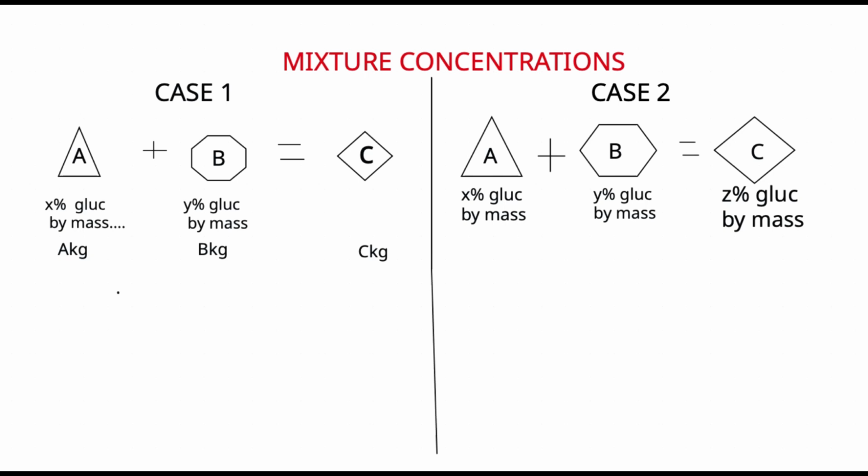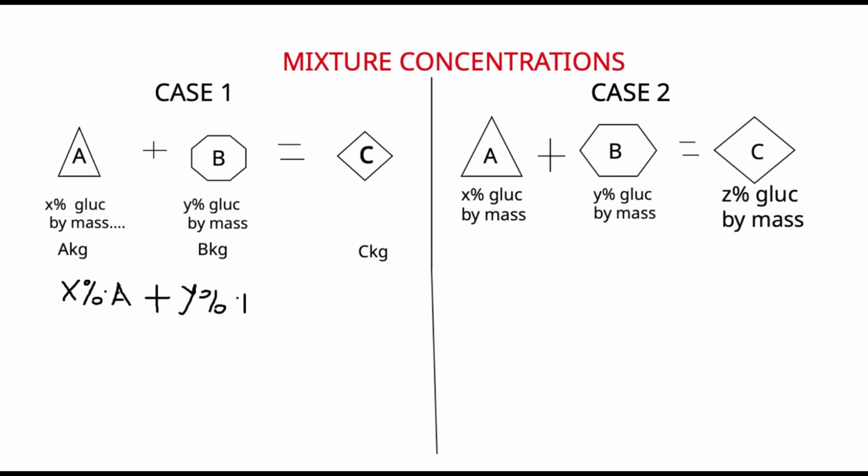Now, how are all these variables related? You have the percent composition of the first one, X%. Solution A has X% glucose by mass. You multiply that by the mass, that's A, plus the percent composition of the next solution, Y%, multiplied by B, the mass.